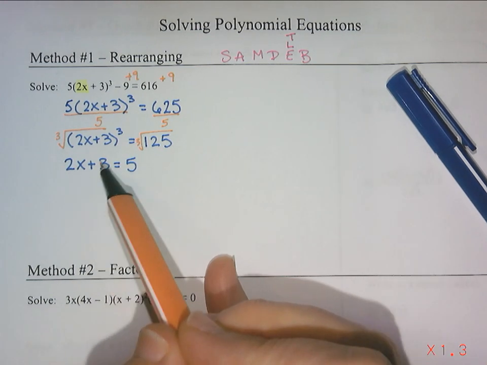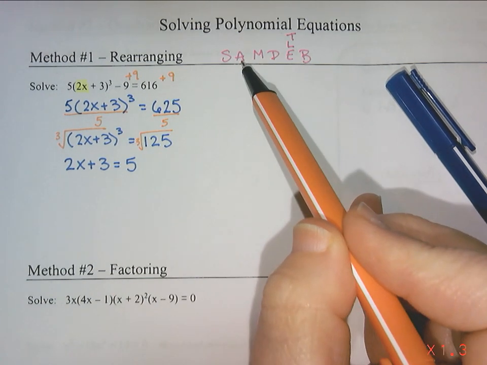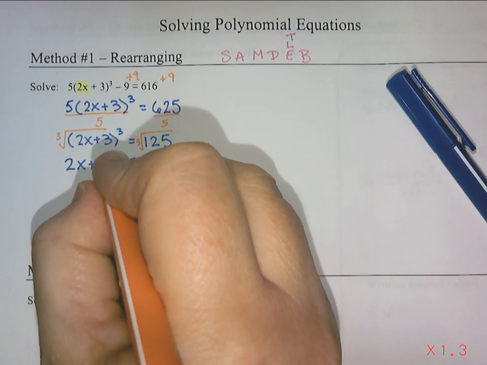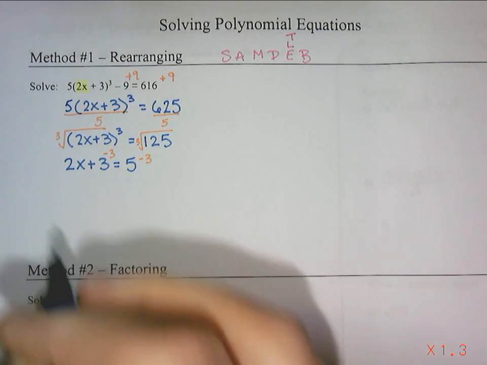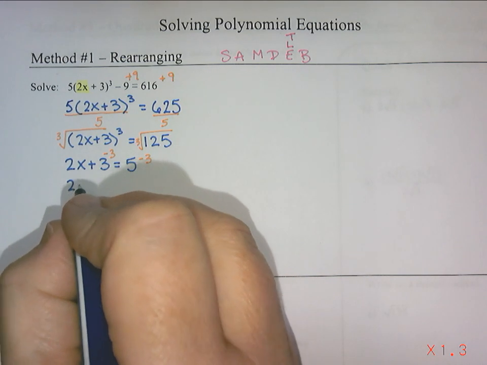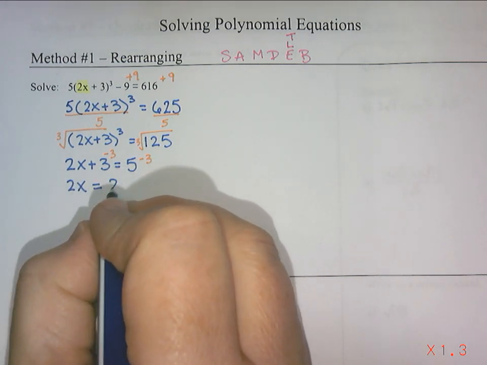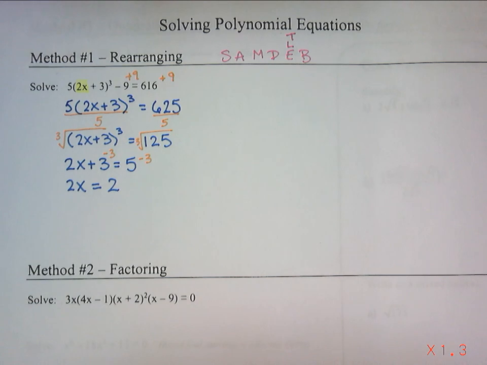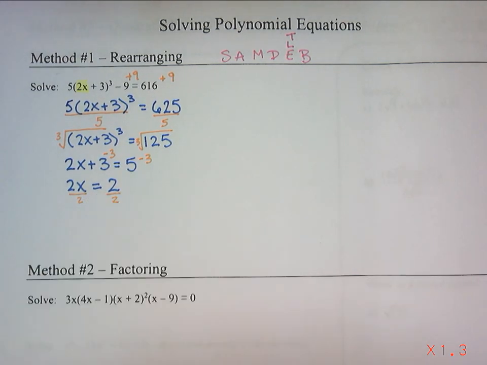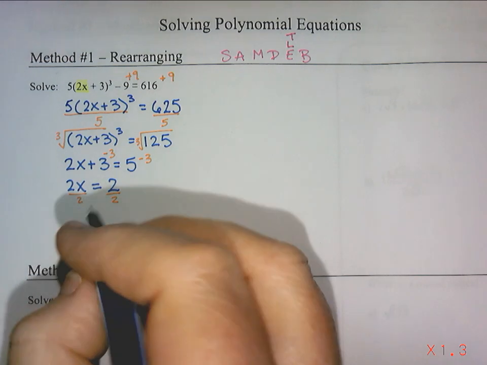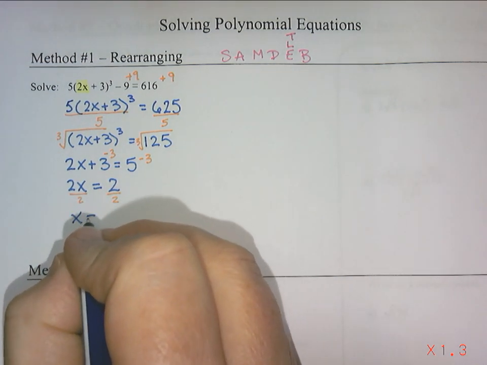I have multiplication and addition. The addition should go first, so I'm going to subtract 3 from both sides. 5 take away 3 is 2. So I have 2x equals 2. Then I can finish off by dividing both sides by 2 to eliminate that multiply by 2, and I get that x equals 1.